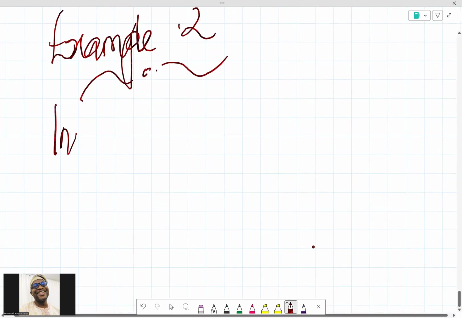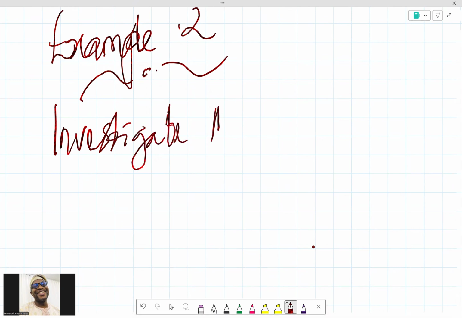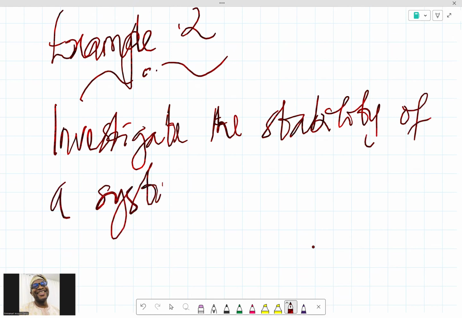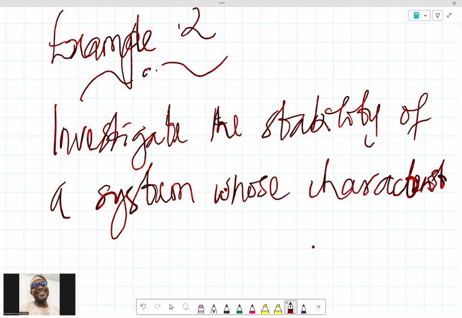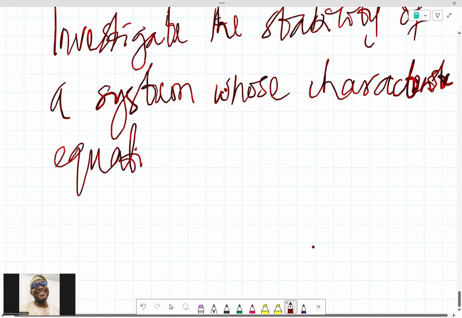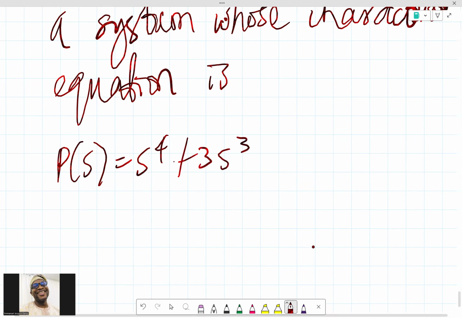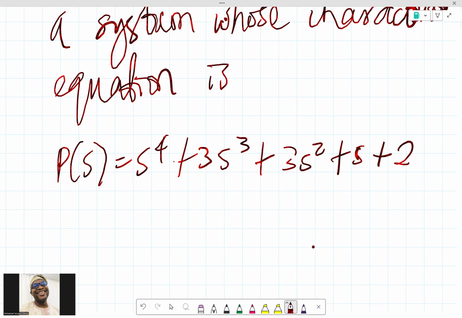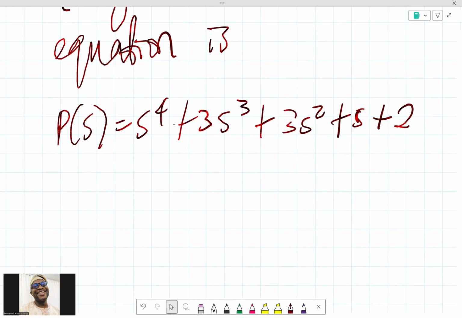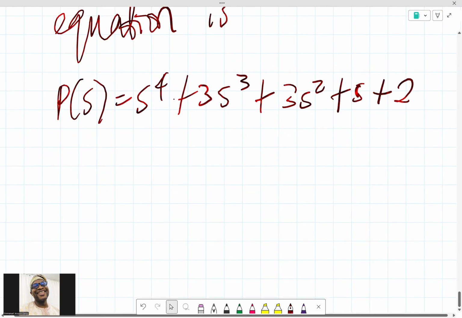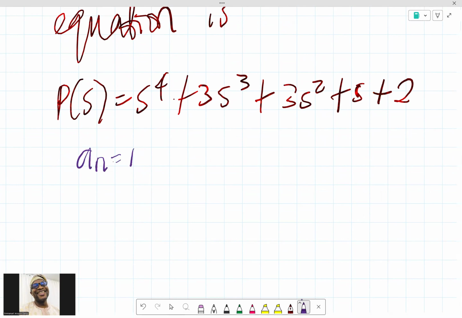So investigate the stability of a system whose characteristic equation is P of S equals S raised to power 4 plus 3 S cubed plus 3 S squared plus S plus 2. Okay, so that's what we have there. Now the question is, as usual, we can see that an is equal to 1. That's the coefficient of S4.